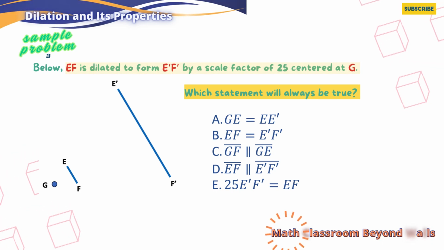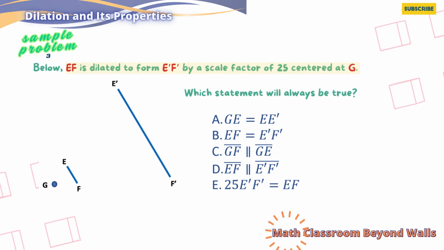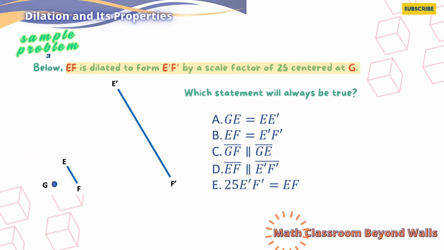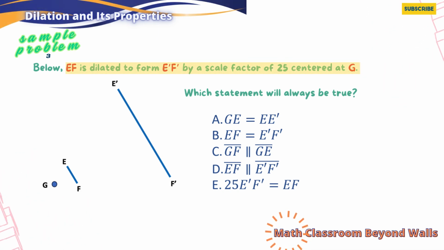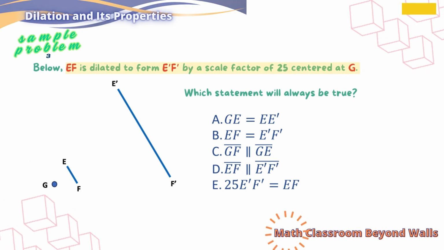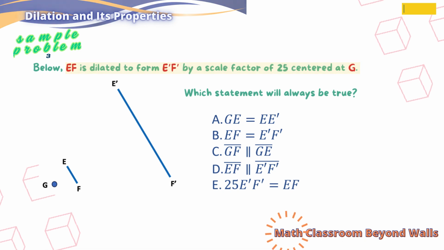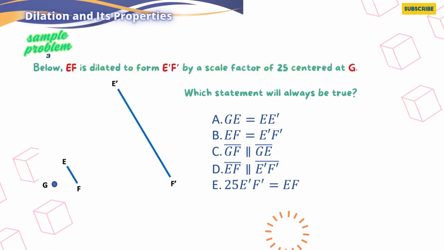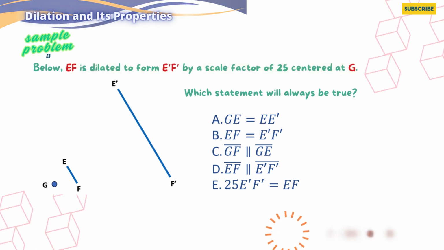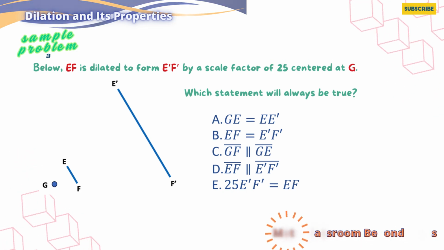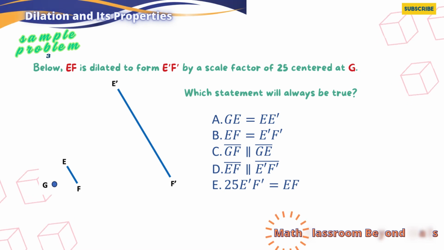What are given? We're given an image of EF dilated to form E prime F prime by a scale factor of 25 centered at G. Again, a figure is given here. Okay, so all that we need to do is to examine its option and verify if the statement is true or not by using the figure that is given.